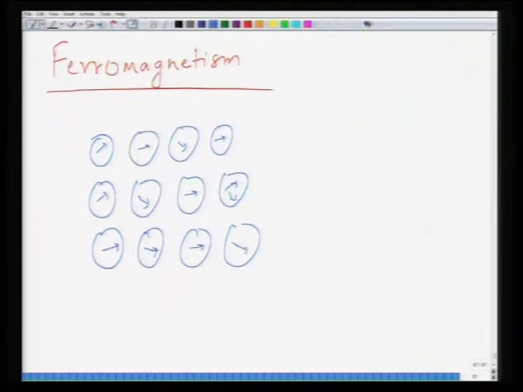This is the situation when H is equal to 0, but M is not equal to 0. So, there is a finite magnetic moment in the absence of applied field. Now, when you apply a field H to such a material, all the magnetic moments eventually align themselves in the direction of the applied field.